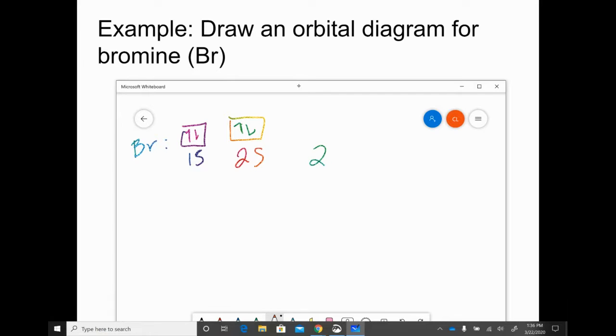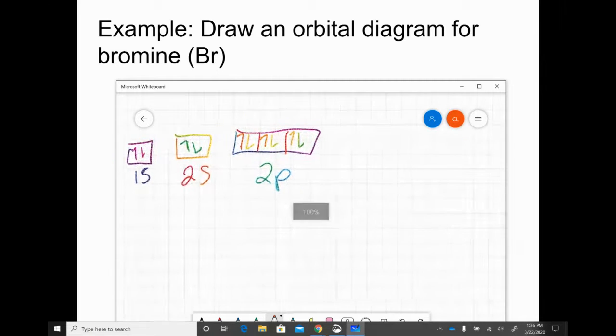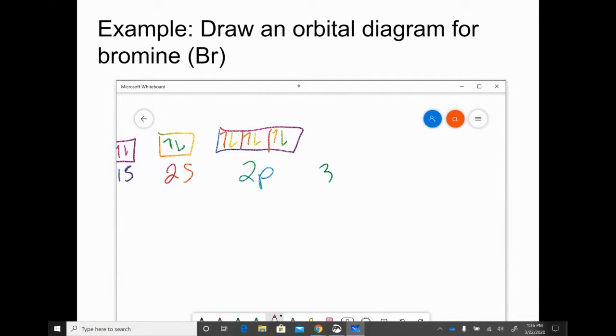And then you look at the 2p's, and remember from our quantum numbers, there are 3 2p orbitals. Bromine, you can see, is in the 4th row, so we're just going to have to keep going. Then we have the 3s, then the 3p's.